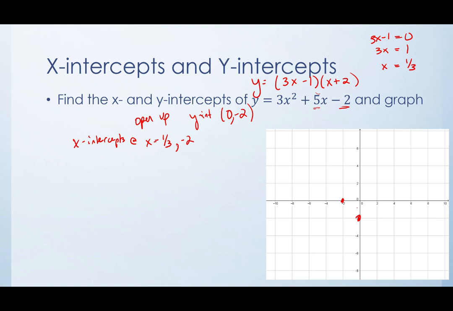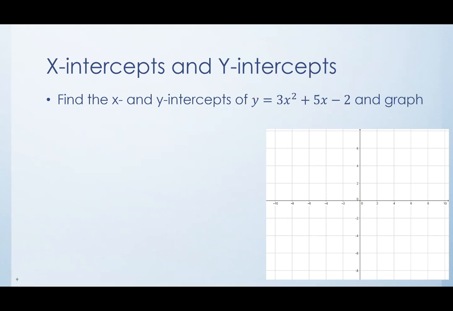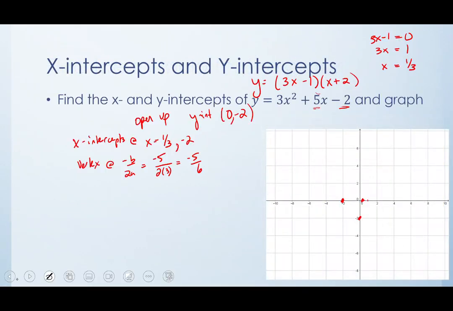So we've got one here, and we've got one at about 1/3, so about here. And obviously our vertex is not the y-intercept, so that's okay. Our vertex is going to be a little bit ugly. Vertex at -b/2a, right? -5 over 2 times 3, so -5/6 is going to be our vertex, and we can plug that in and figure out what the y value is. But I didn't ask for that.